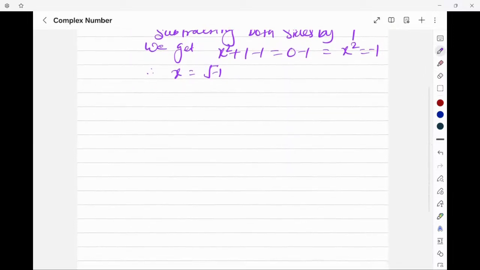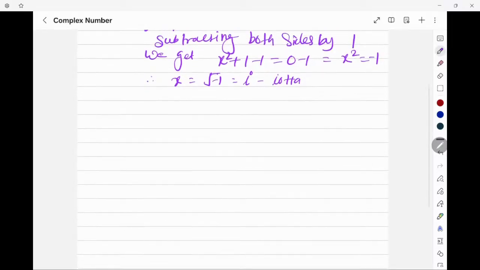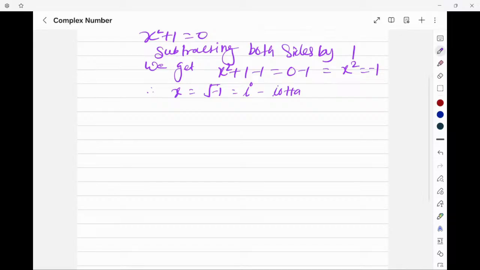So Gauss introduced root over negative 1 is equal to i. He was the first mathematician who introduced i, meaning iota. So i is equal to root minus 1.